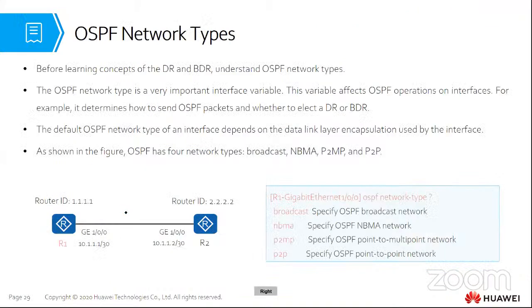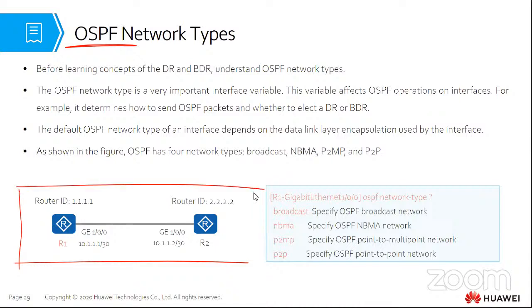OSPF supports 4 types of networks. And these are not networks of WAN and LAN; they are OSPF network types. When 2 routers form an OSPF relationship like this, there is some kind of network between them.